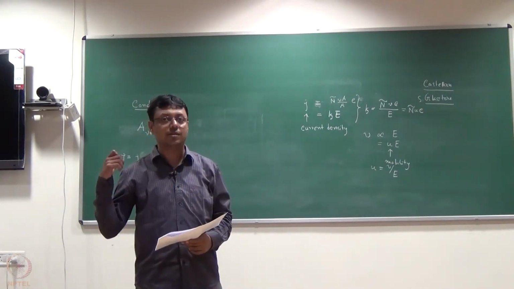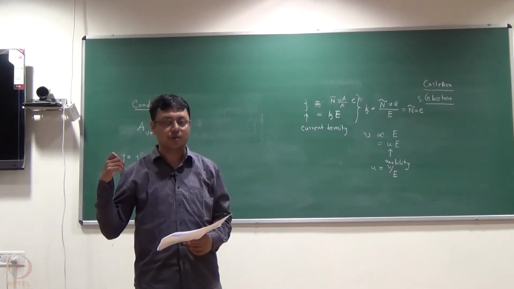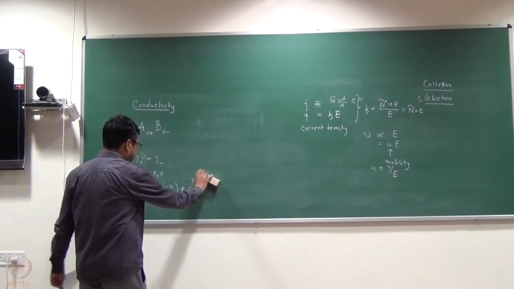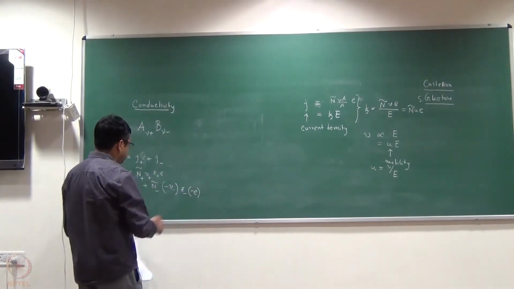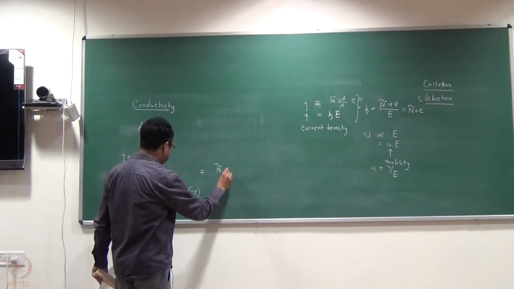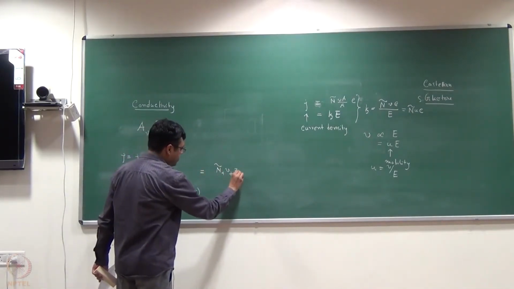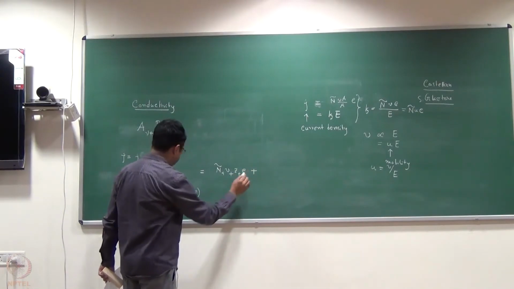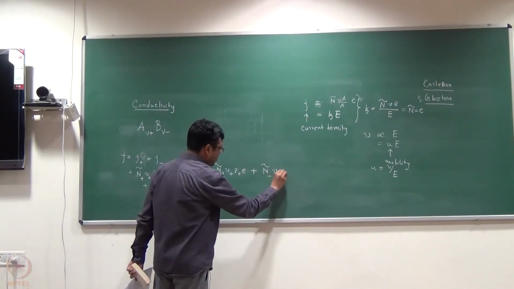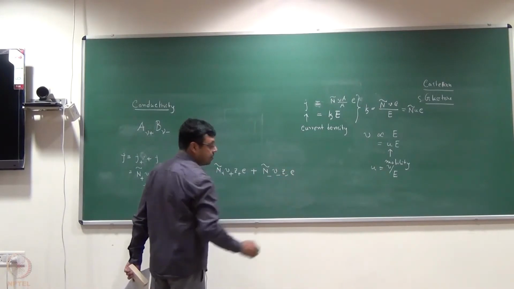Here both things are moving, cations and anions, because both are mobile. So I can write it as ñ+ Z+ e v+ plus ñ− v− Z− e. Clear?